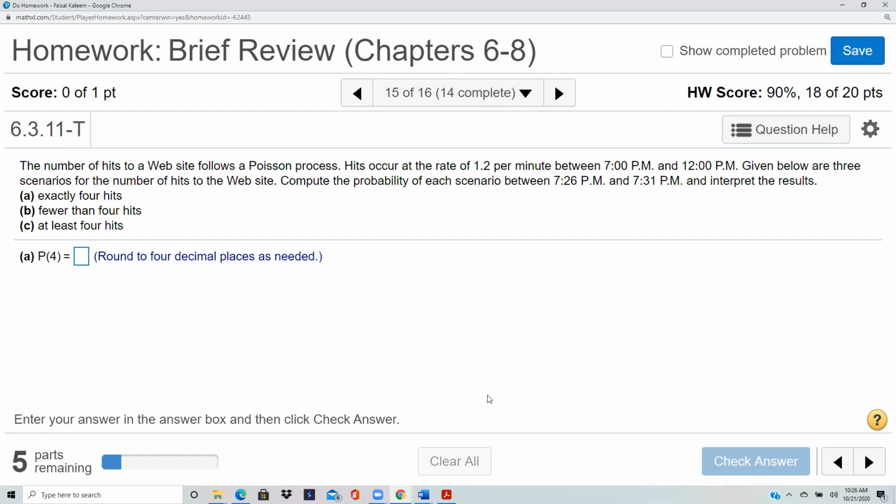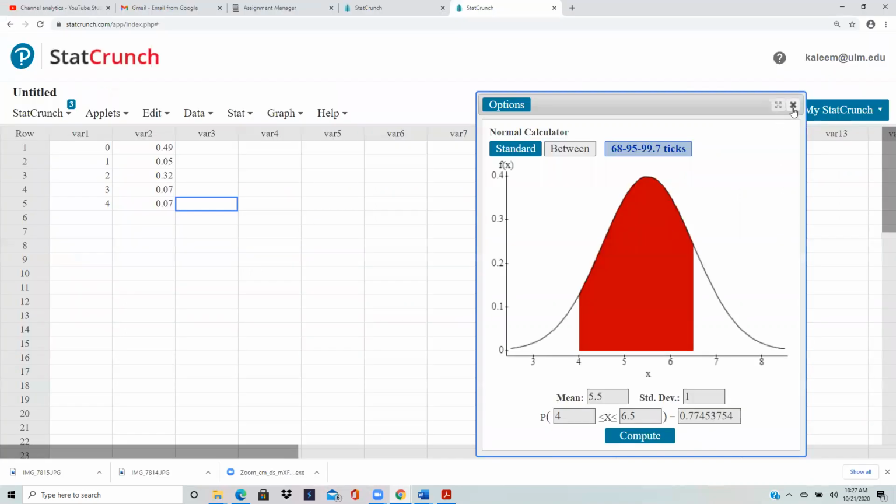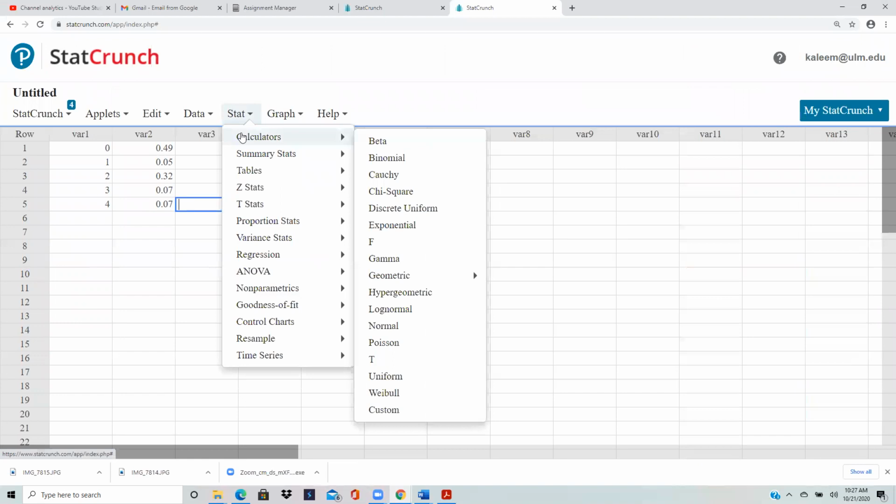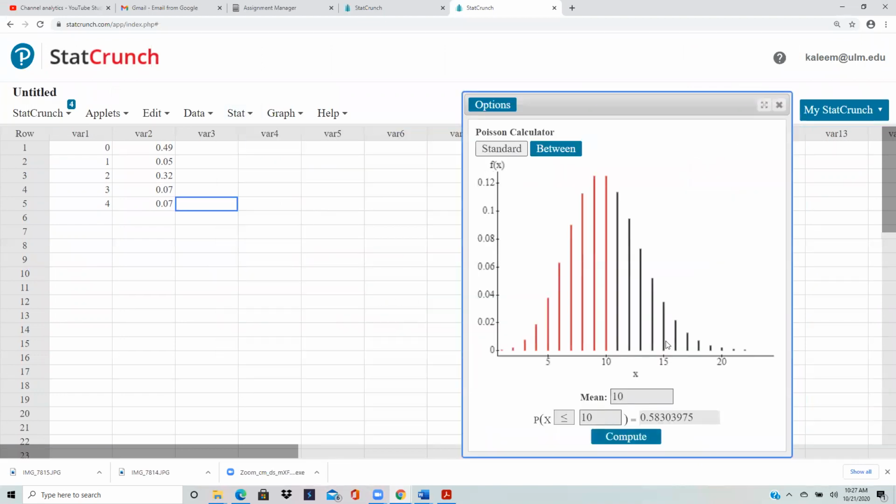So you first tell me how to do the StatCrunch. We'll go to stat, calculators, and Poisson is kind of towards the bottom. And now the key challenge is to put the mean.